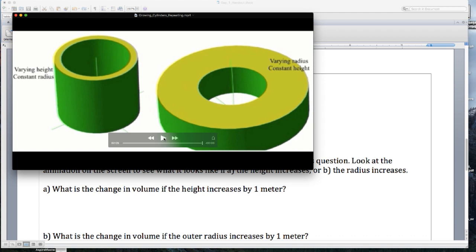You can think about this as a solid cylinder, and then you cut out a hole from it. You take the volume of your solid cylinder and subtract the volume of the inner cylinder, the hole that you drilled through it.